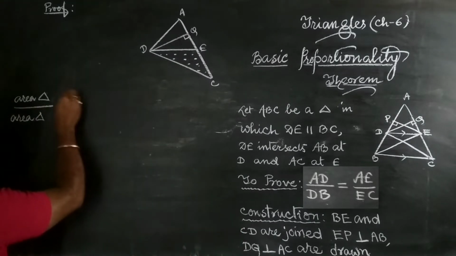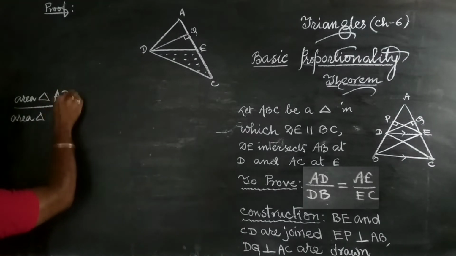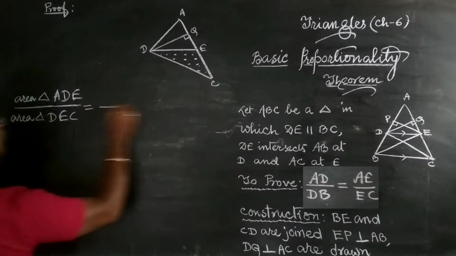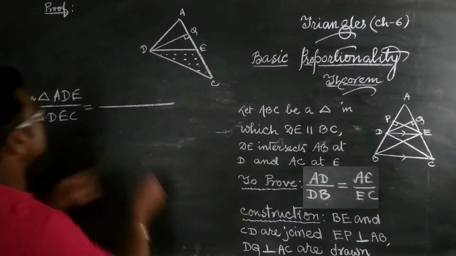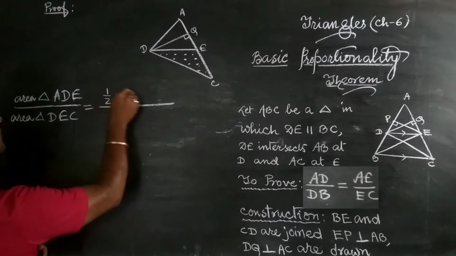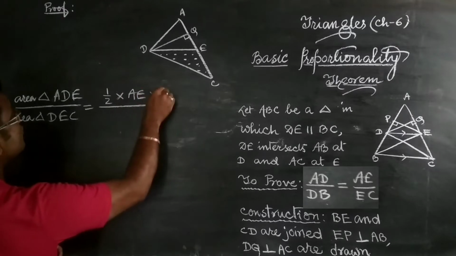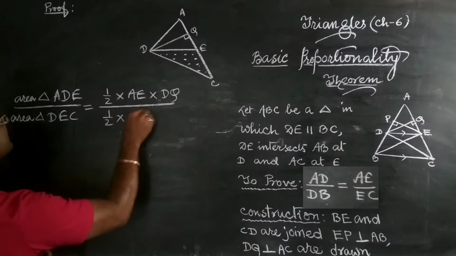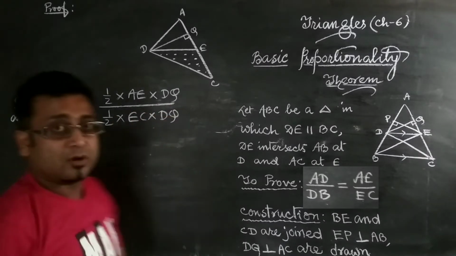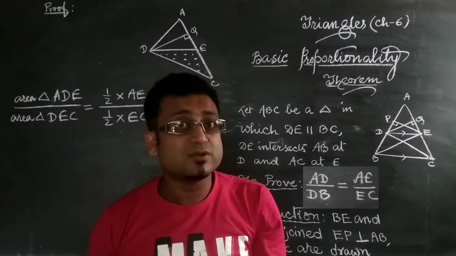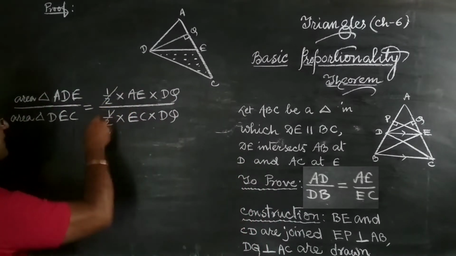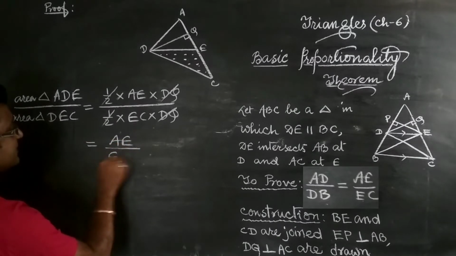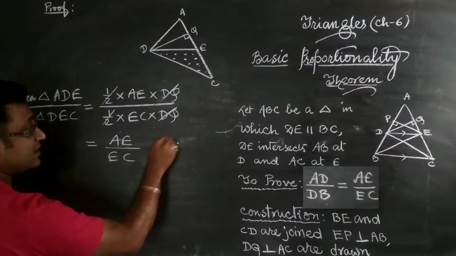Now if I find the area of triangle ADE by area of triangle DEC, we know area of a triangle is half into base into height. For the upper part we write half into AE into DQ, and for the lower part half into EC into DQ. Half and half nullify, DQ nullifies, so we get AE by EC. This is equation number 2.